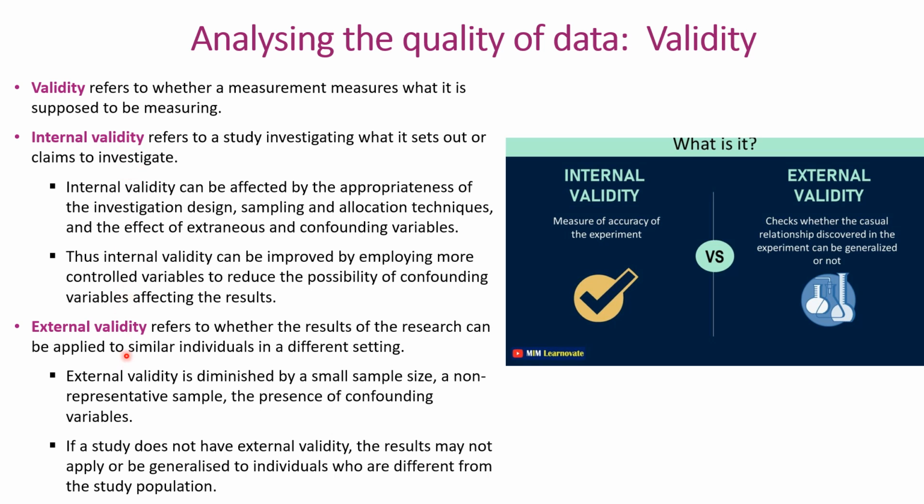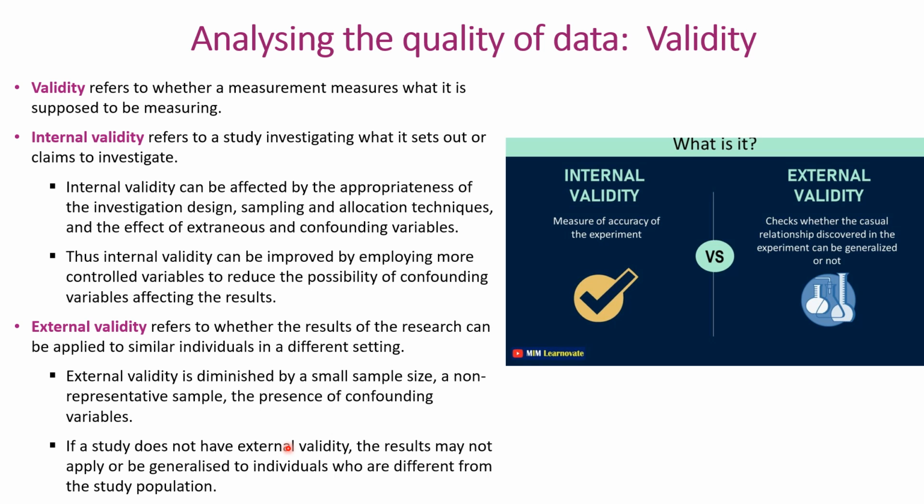Now, with internal, external, internal is that tool that we were using or method we were using to determine our DV, was it effective for that sample? And if it's objective, and if it's an effective way of measuring the true value accurately, then we'd say yes, the data has a high degree of internal validity. External validity is to what extent would that method generate accurate data if we test beyond our sample.